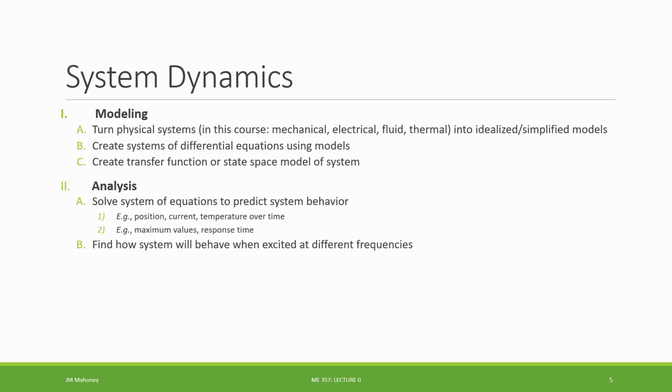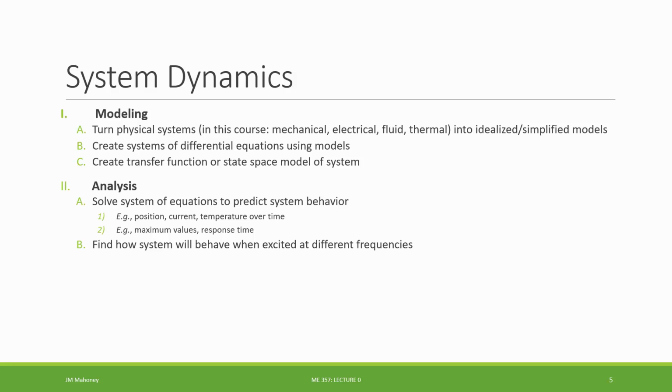Now, we're going to see in the analysis, we might not need to know necessarily what that property is doing at all points in time, what's its value from time 0 to time infinity. Sometimes we're really just interested in some features of that behavior. So for example, we might just want to know, well, what's the maximum value that that property is going to hit?